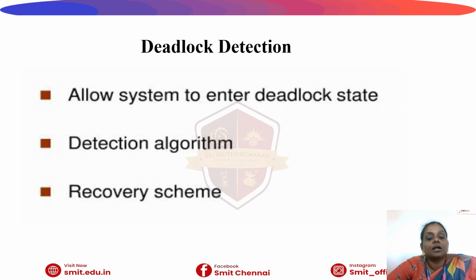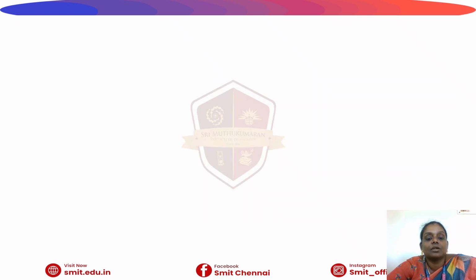To avoid it, check whether the state is safe or not. Safe state means there is no deadlock; unsafe means there may be a deadlock. In Banker's algorithm, smart resource allocation is needed, and detection means finding and fixing the deadlock.